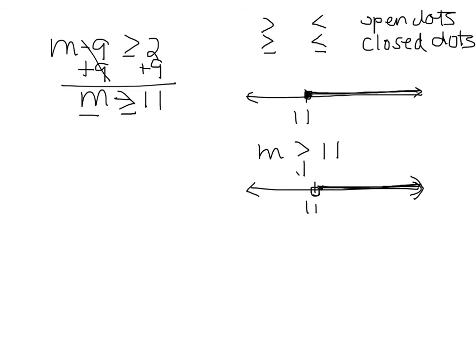This one is m is greater than 11. This one is m is greater than or equal to 11. When the variable is on the left, this one, the line goes to the right, and this one, the line goes to the left. Here, if I have negative 8x equals, oh sorry, can't be equals, we're doing inequalities.